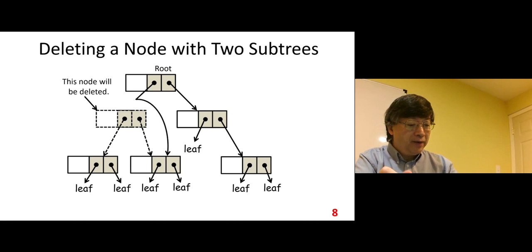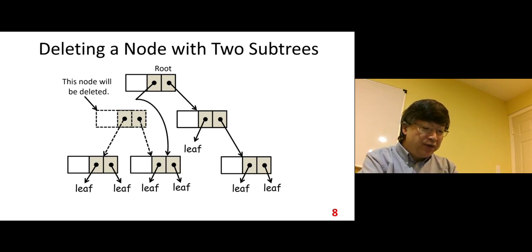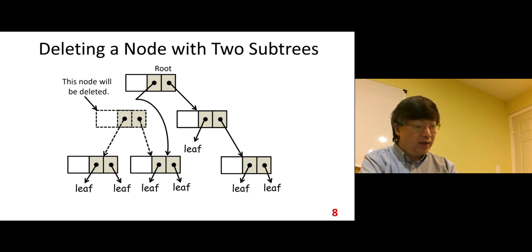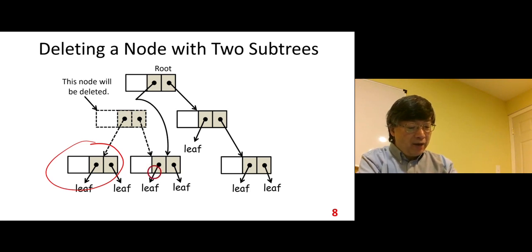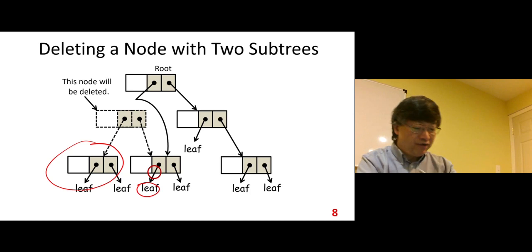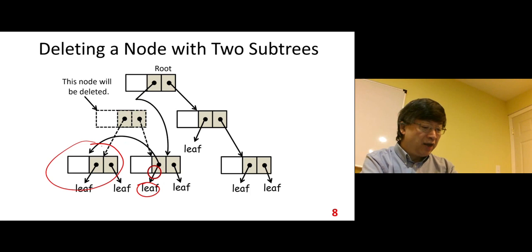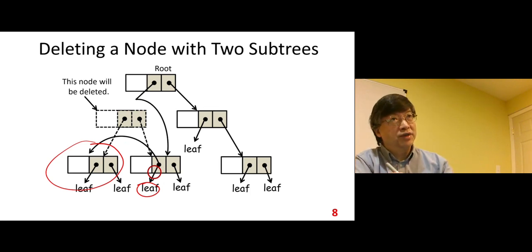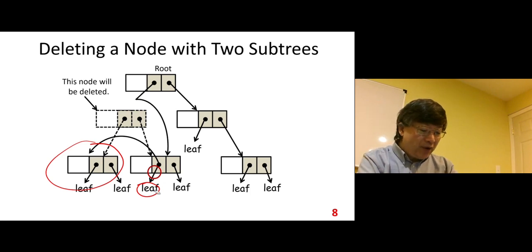Now, we change the link to point to this node. But how about that, right? So you need to fix the relationship. Now, look at this link. If this link is a leaf, two possibilities. The first case is a leaf. Then it's easy. You just change that link to point to its left sibling, right? Yeah, that's easy. But the question is, this may not be a leaf.